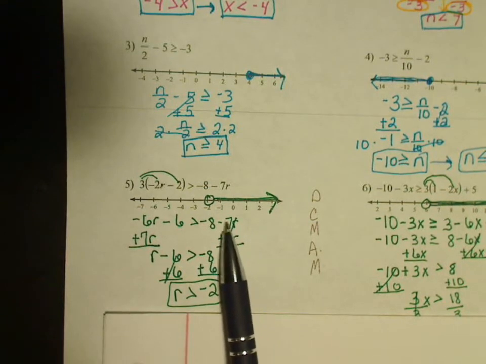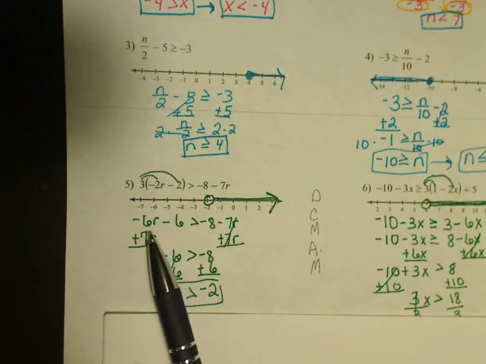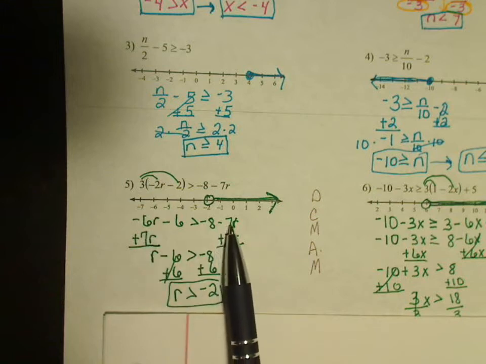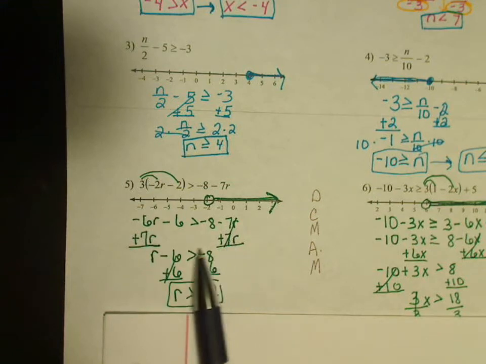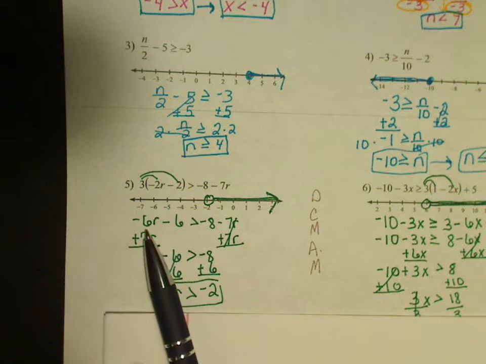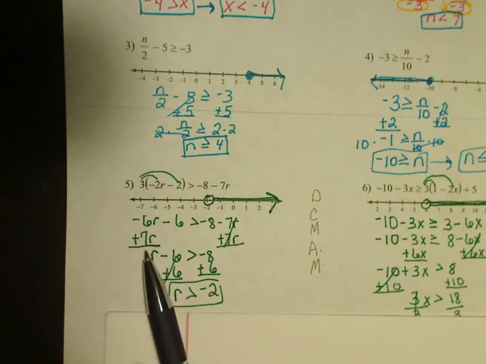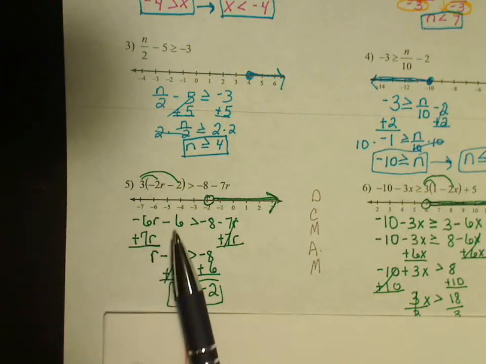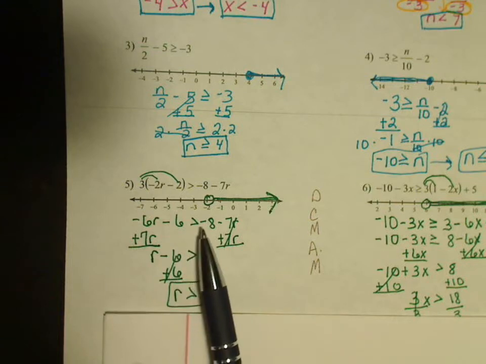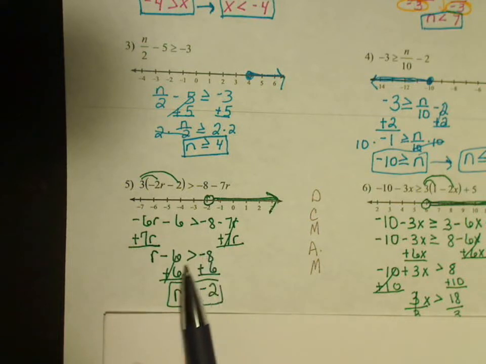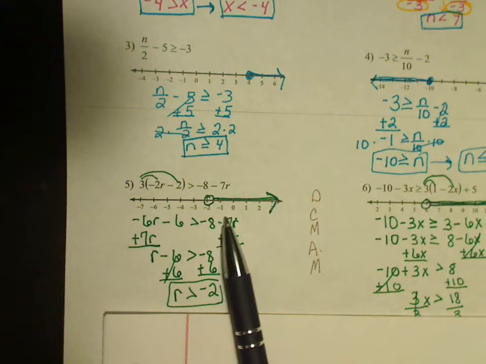I chose to move this one. I could have chosen to move that. I chose to move this one because when I add 7R, -6 plus 7 gives me 1. So it's just R. I bring down the -6. I bring down the -8. Inverse of subtracting 6 is to add 6, and then I get this answer. Open circle, R is greater than -2.